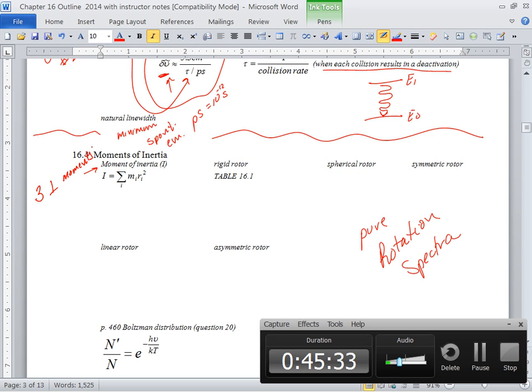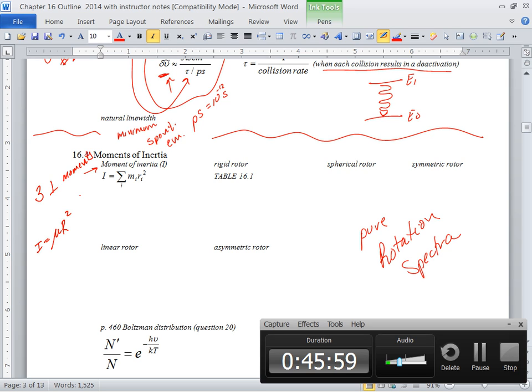Okay. I think we talked about something like this before. I think we did I is mu r squared. I'm trying to remember this. Do you remember doing this? Does that look familiar? The moment of inertia for a diatomic molecule.